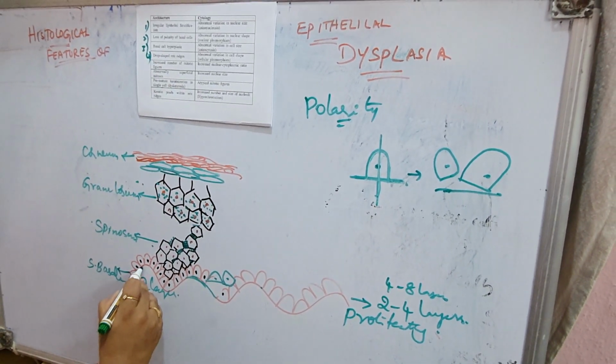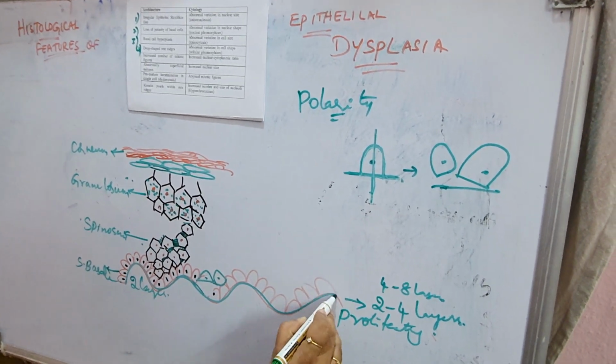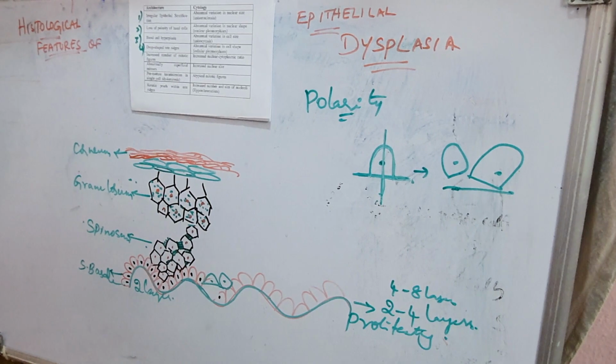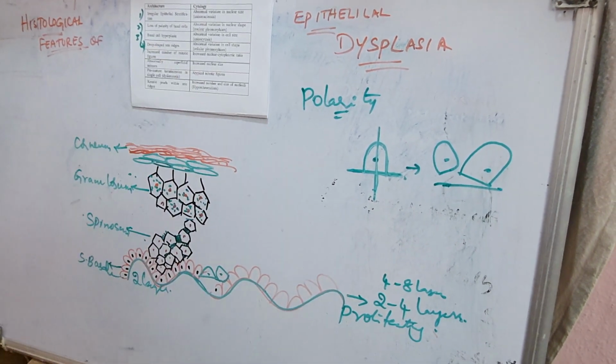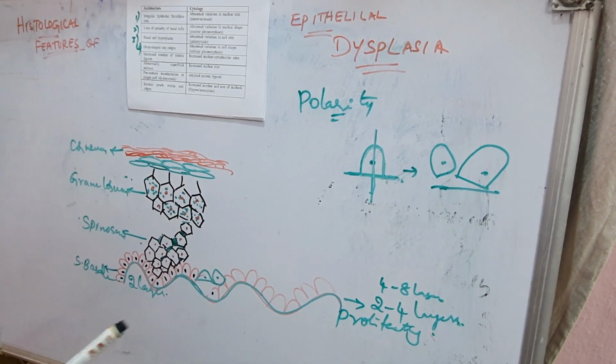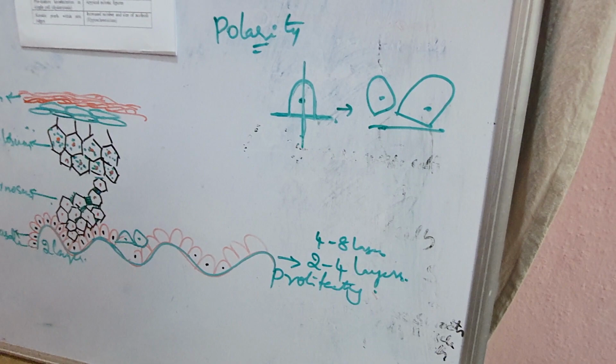Next one is drop shaped rete pegs. Normally the rete pegs are present uniformly, attached to the underlying connective tissue. What happens in drop shaped rete pegs? These are the normal basal cells.